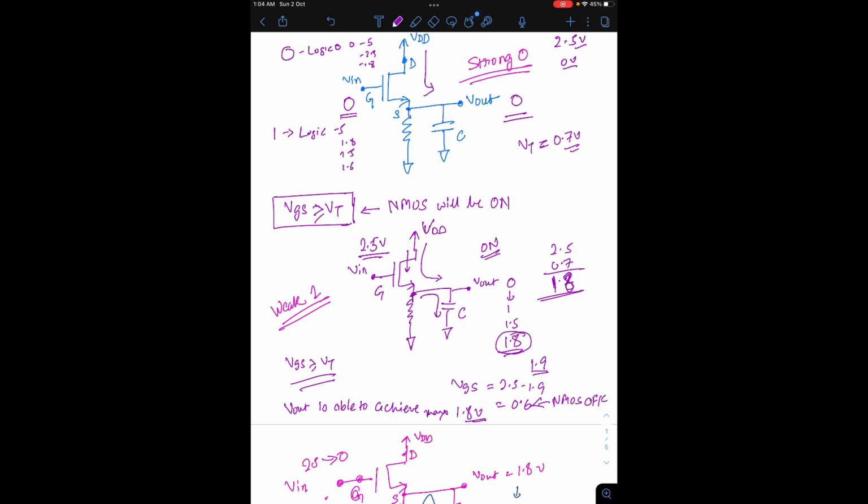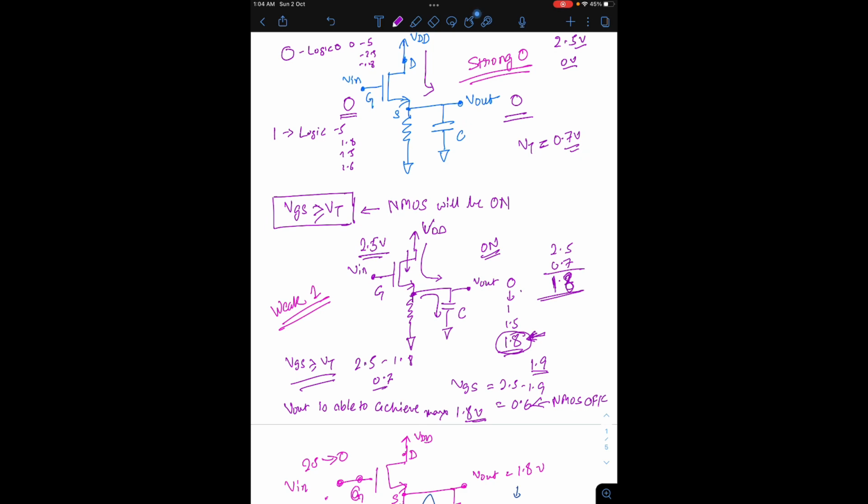You can see that the voltage will slowly increase from 0 to 0.5, 1, 1.5. Then what is the maximum limit? Let's see the case when the voltage here, due to charging of this capacitor, reaches 1.8 volt. The VGS value will be 2.5 minus 1.8, that is 0.7.